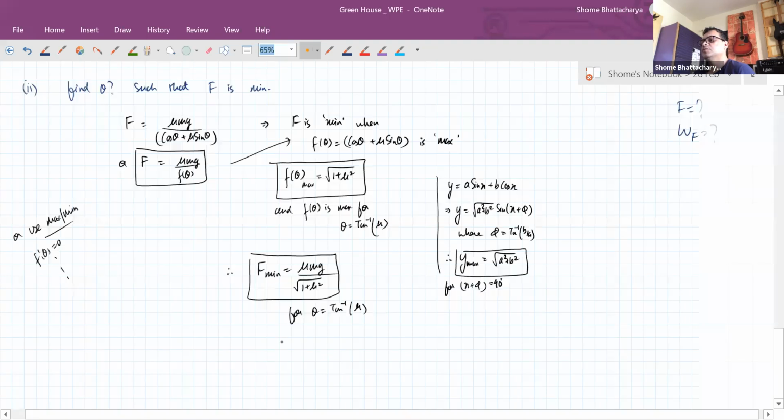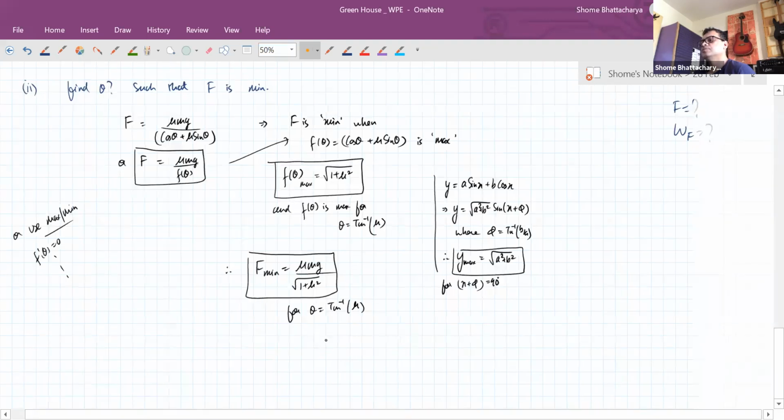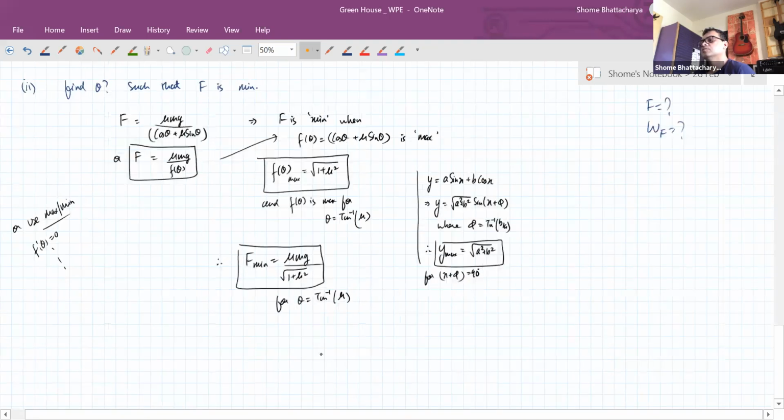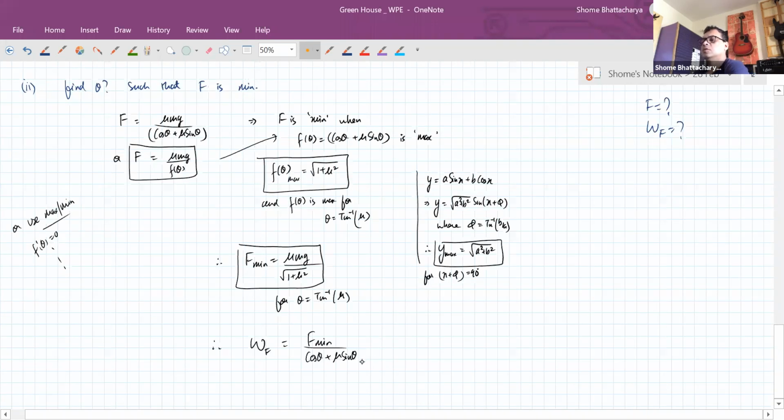So the work done in this case now will become what? The work done by F will become, oh sorry, with this F's minimum value into S into cos theta.